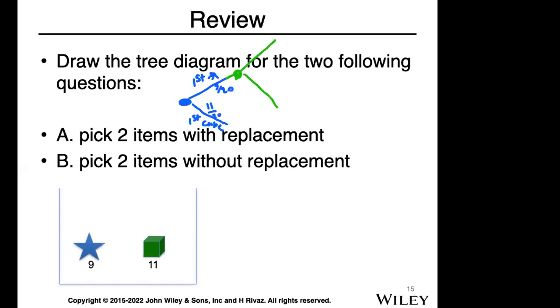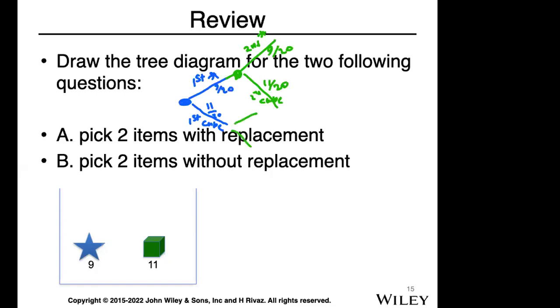So here again, the second item star, or the second item cube, right? So if it's with replacement, then it's again the same numbers as before, right? So 9 divided by 20 and 11 divided by 20, and so forth with the other branch.